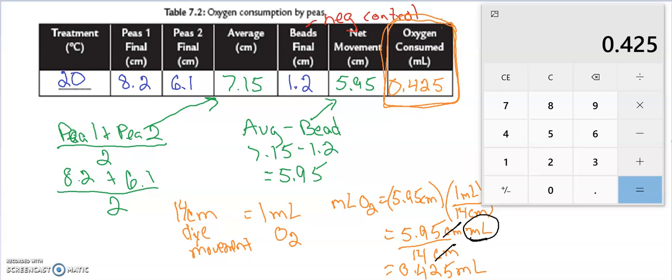And then you're going to compare the averages, right? Did you see more oxygen that was consumed at room temperature or more oxygen that was consumed in the ice bath? Basically, where was cellular respiration more effective, at that room temperature or in the ice bath? And we are going to use all of the data in the class, because remember, the larger the sample size, the better that our data is going to be.